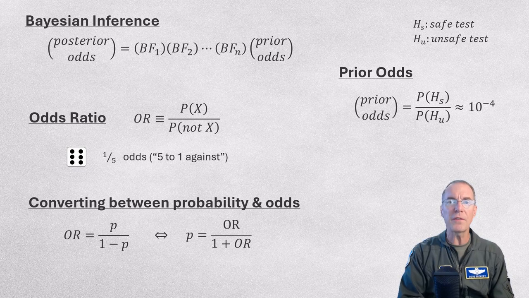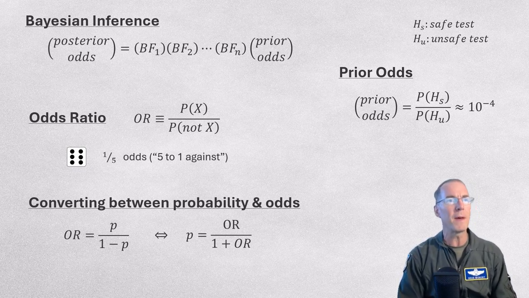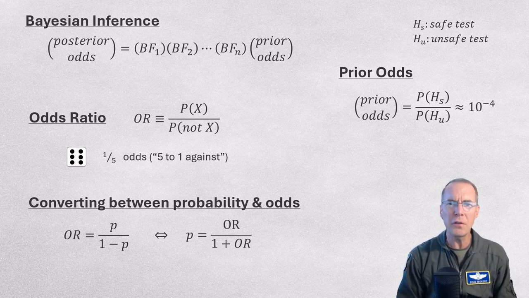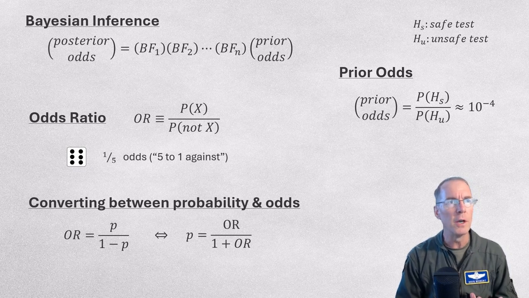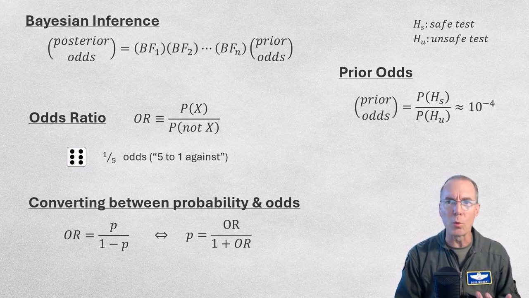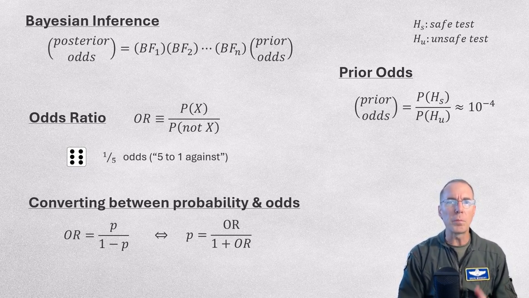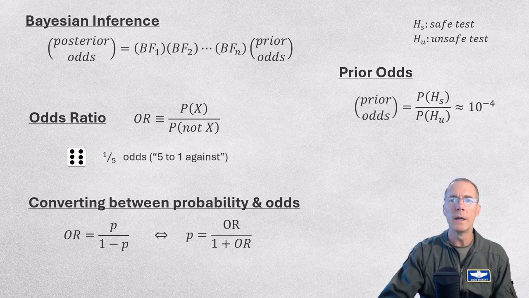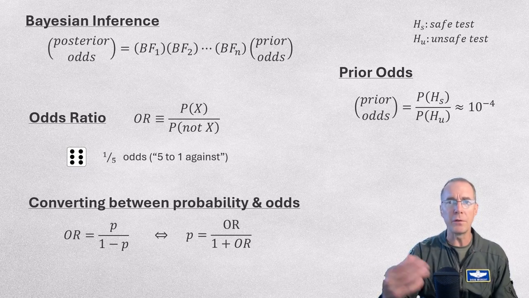And this is actually one of the things I like about Bayesian reasoning. It gives us a method to continuously update our understanding of the world with new data. I think this is particularly useful for making judgments about a system under test as we build up evidence over time through a series of subsystem tests or build-up tests.